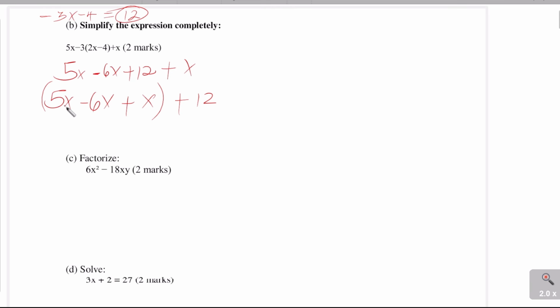So you can rearrange it as 5x plus x minus 6x. 5x plus x is 6x. 6x subtract 6x is 0x, and 0x is the same as 0.